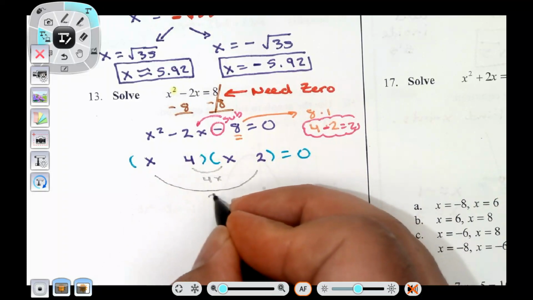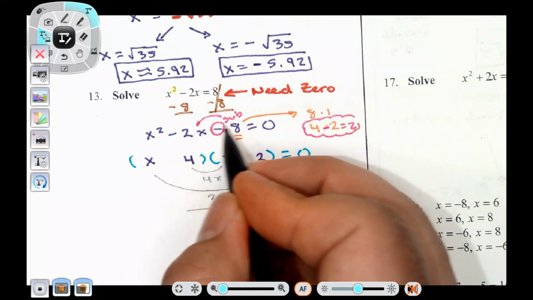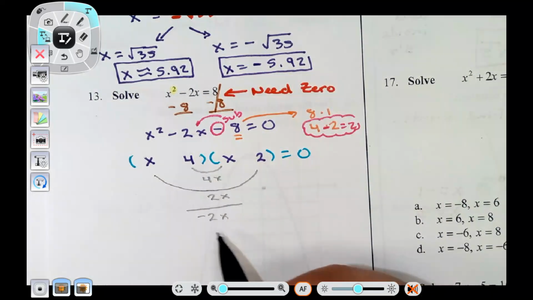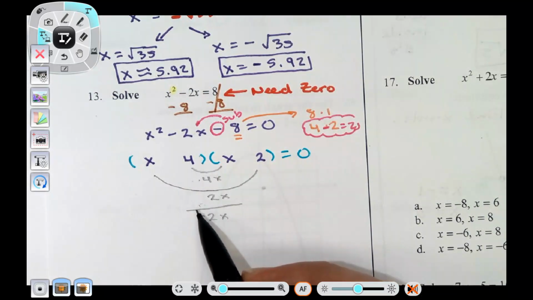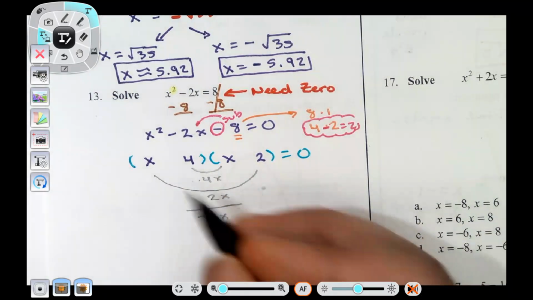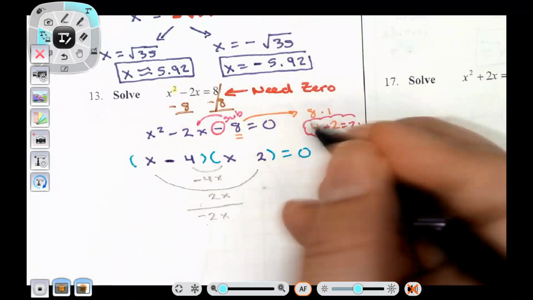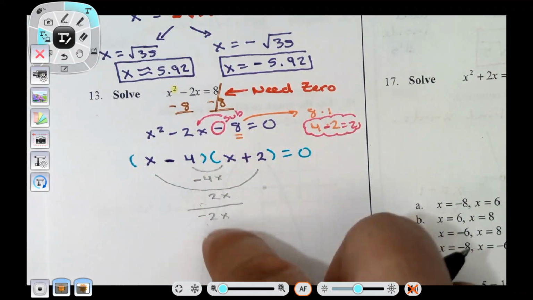X times 2 is 2x. And my goal is to get subtracting. I'm going to subtract to get a negative 2x. Well, think about it. If you're subtracting, only one of them can be negative, not both, just one. Well, if you want a negative answer, then the 4 is the one that should be a negative. So there it is. That makes the 2 a positive, and it checks out. Remember, we only do this to check.